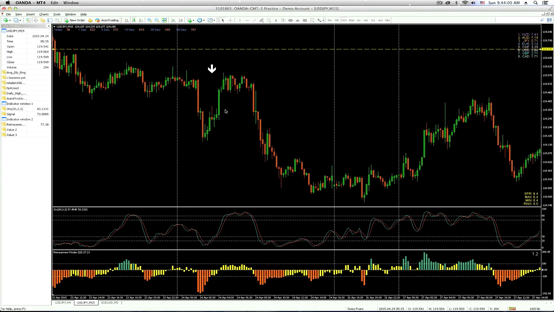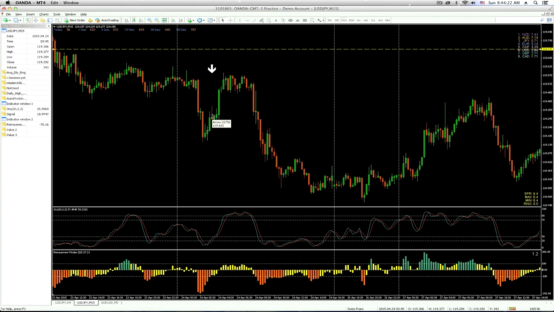All right, so on the 15-minute chart now, the arrow is marking the close of the 00 candle. This is 3:45. So we're looking now for the same setup.